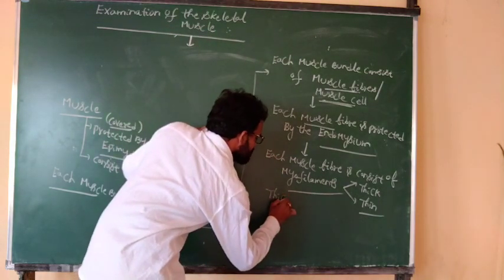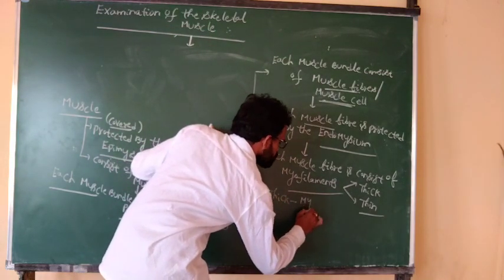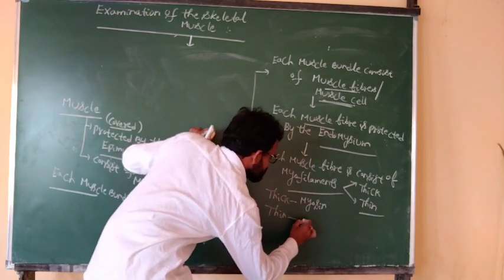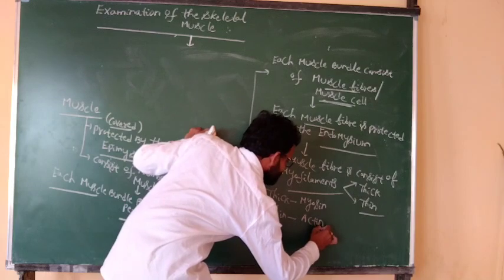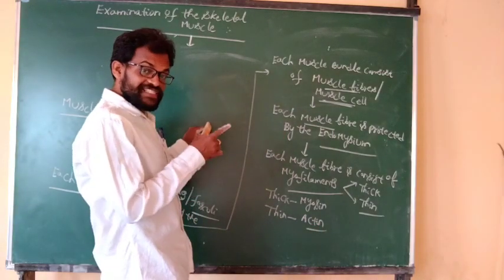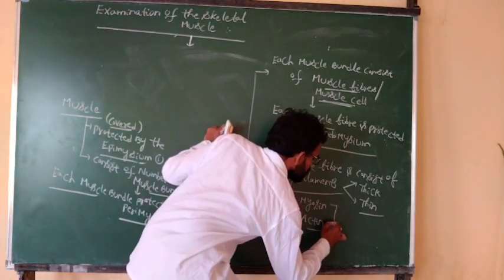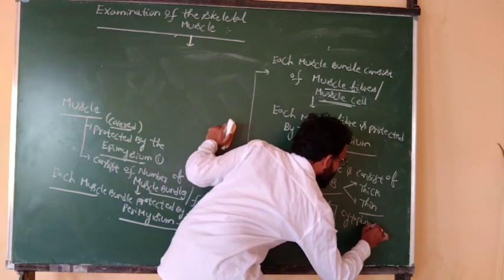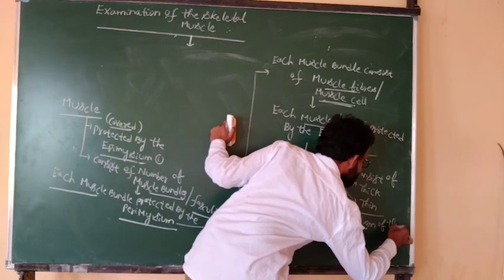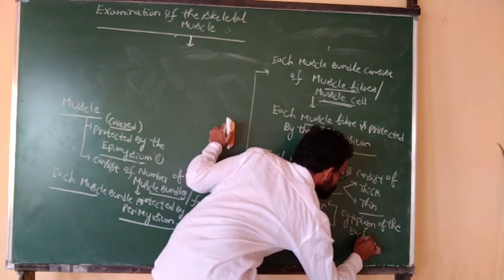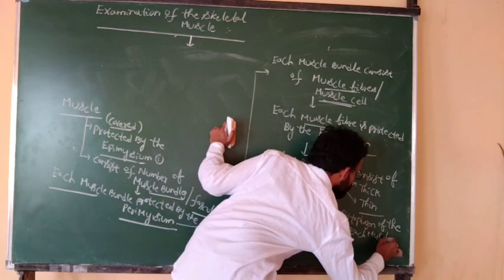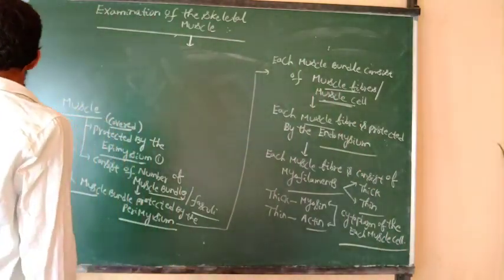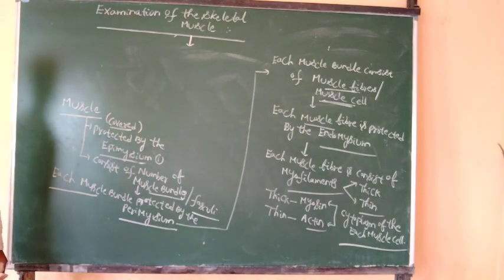Thick myofilaments, myosin. Thin myofilaments, actin. Thick proteins and thin proteins are both present in the cytoplasm of each muscle fiber or each muscle cell.